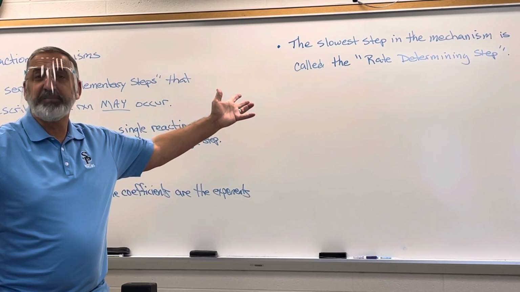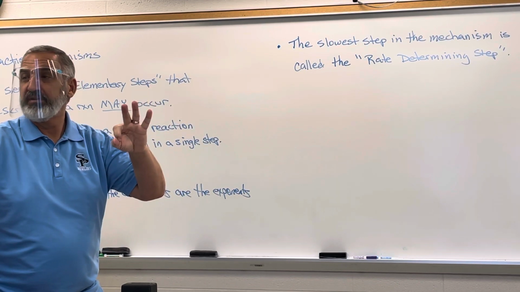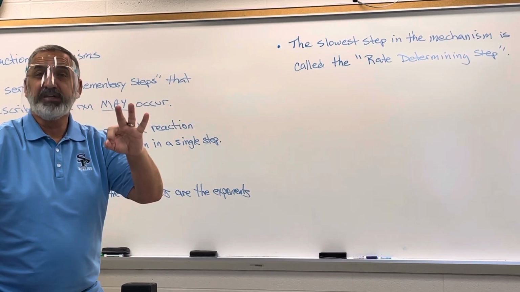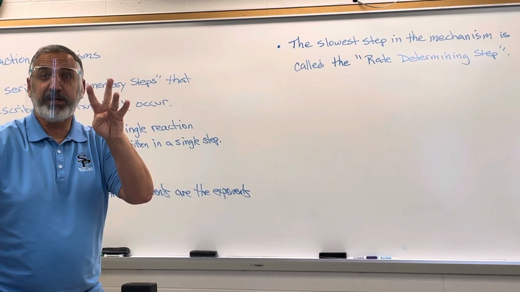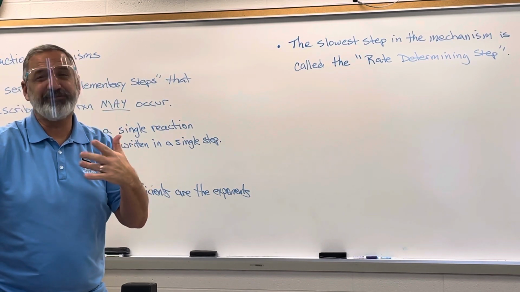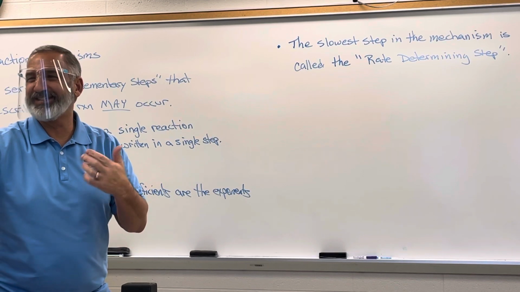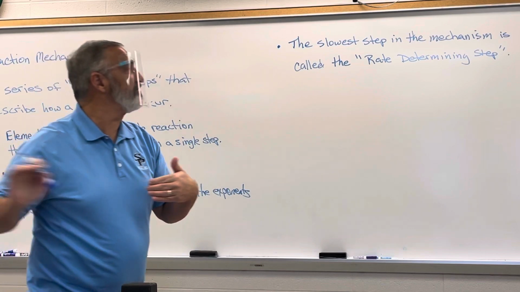That's the rate determining step. Or we could have 3 Usain Bolts running the first 3 legs of a 4x400 relay, but if I'm number 4, we're gonna lose, okay? That's why I have that shirt, as if I ever had to run for my life, I would probably die. You know, I'm gonna be the rate determining step, the slow step.